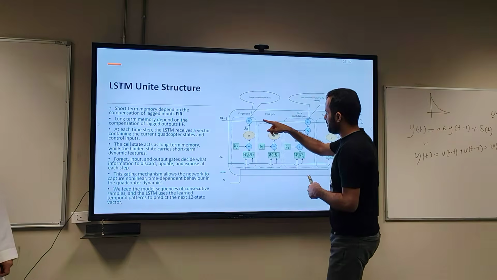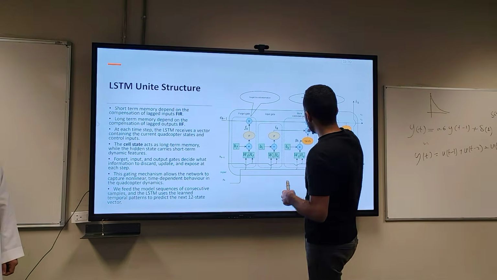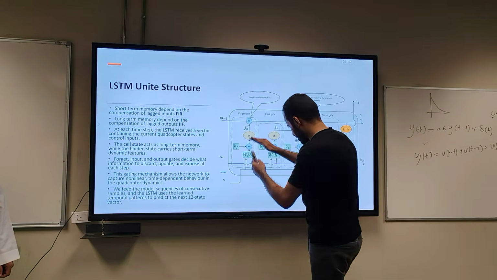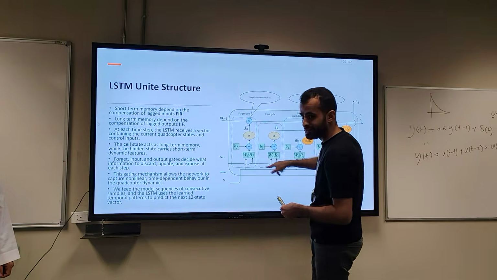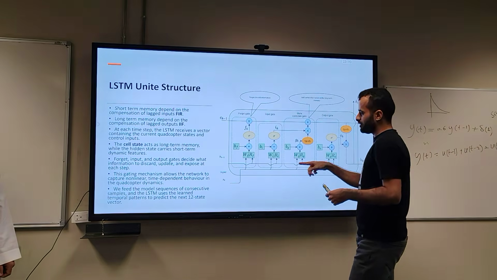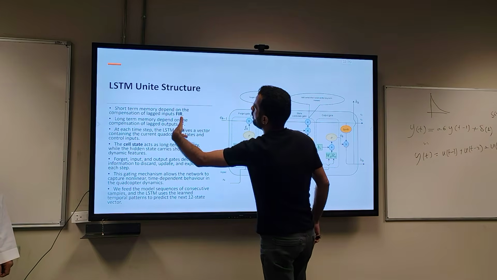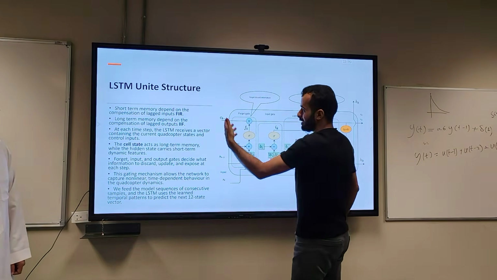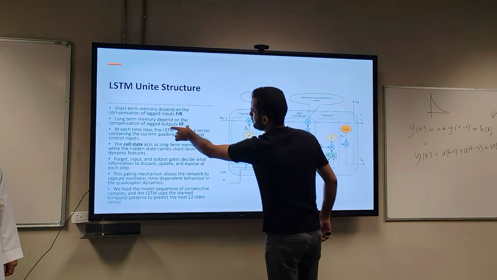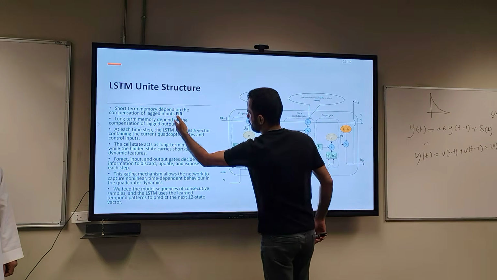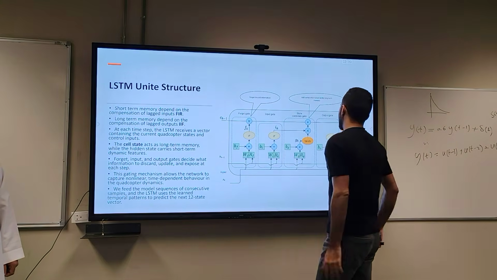The lower bar is the short-term memory, which is a finite impulse response, which is a combination of lagged inputs, and the infinite impulse response is a combination of lagged outputs.